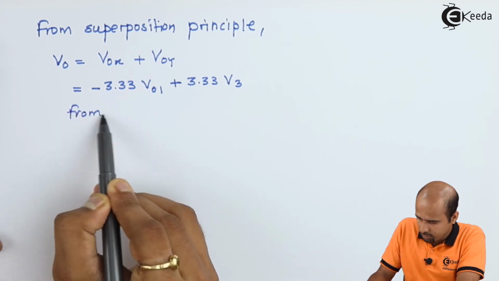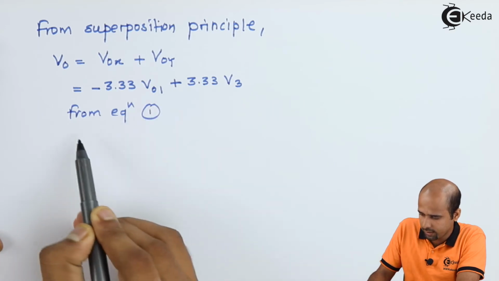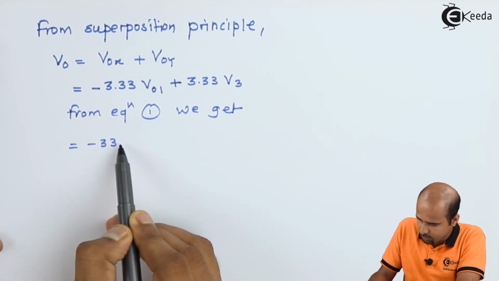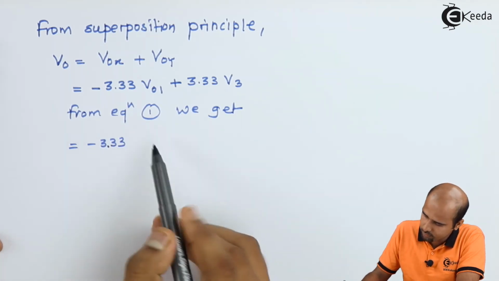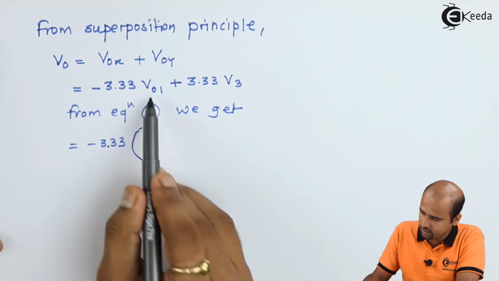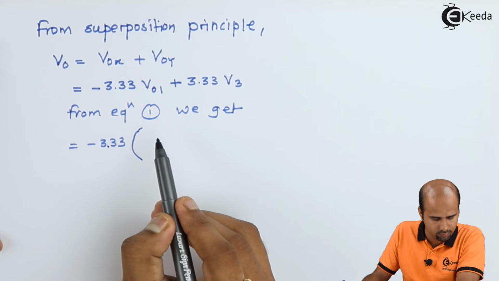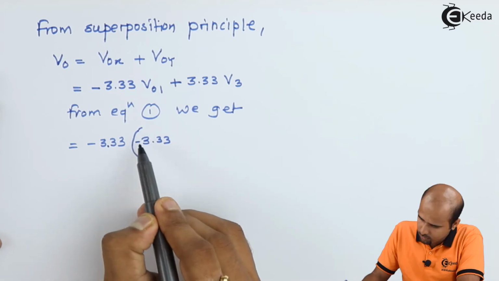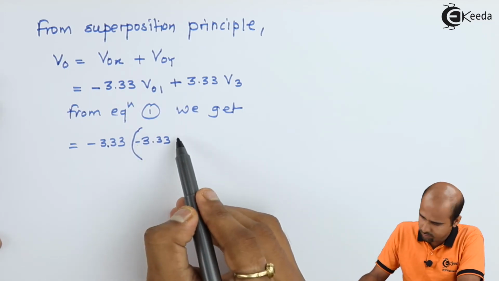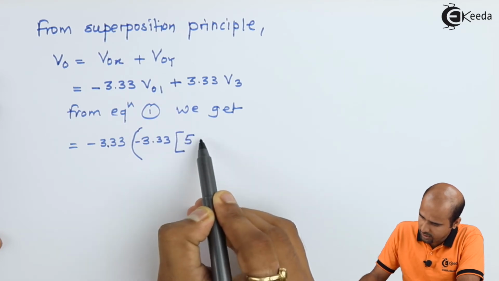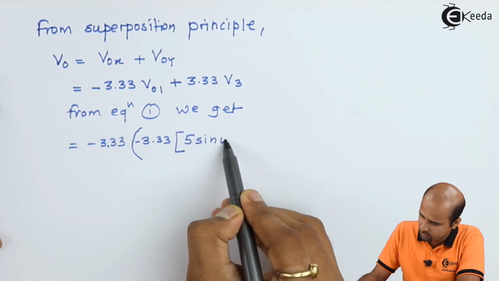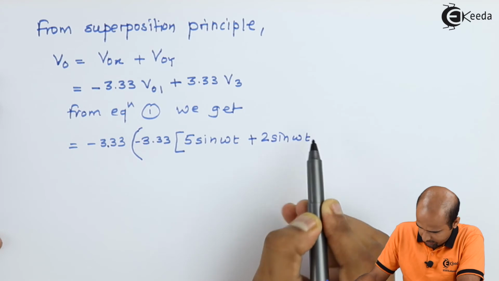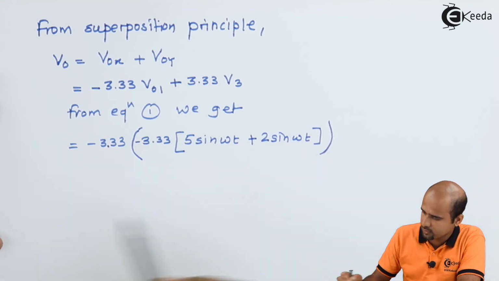From equation 1 we get, minus 3.33, I will take common, and I will be getting VO1 is nothing but minus 3.33 multiplied by 5 sine omega t plus 2 sine omega t, bracket completed.